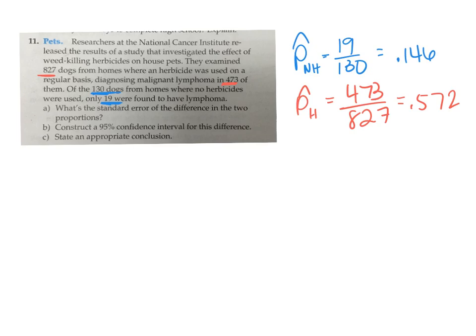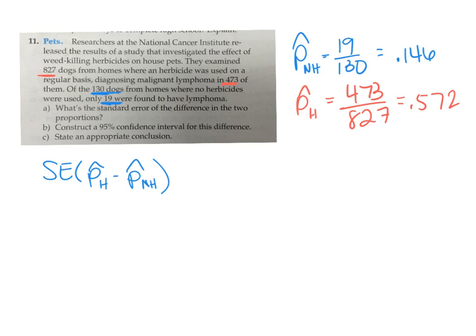To do a confidence interval, we have to calculate the standard error of the difference. So we're going to do P hat H minus P hat no H, or NH, because I like my numbers to be positive. I find them easier to interpret. So I'm going to subtract. I can see that P hat H is 0.57 and P hat NH is 0.1. So I'm going to do this one first, so that's positive.